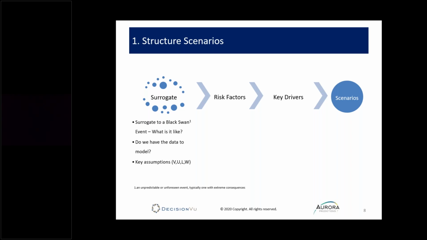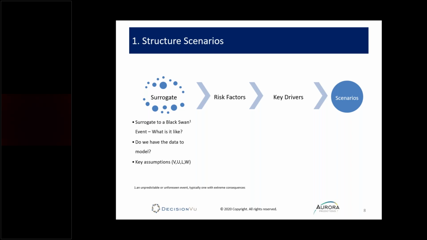And the third element is we're going to have to make an assumption. At the end of the day, we're going to have to say, what do we think this environment from the start, the downside, to the recovery looks like? And there are many letters of the alphabet that you can use. A lot of people talk about a V today. We're hard down and then we go hard up. A U, where we go down, we meander along the bottom and then we come up.